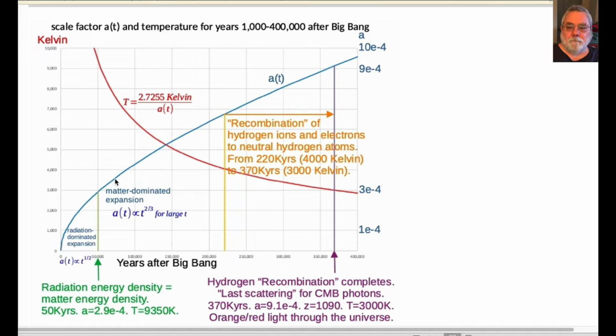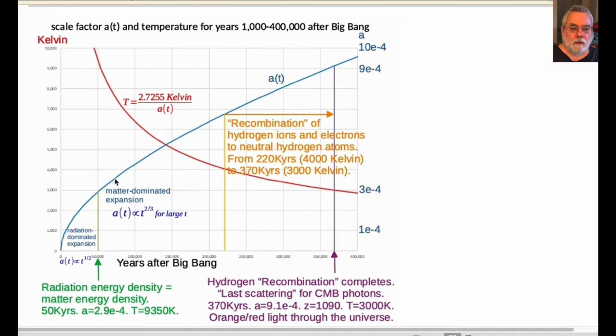After this time, the expansion of the universe is dominated by matter energy density, and the scale factor grows with the 2/3 power of time roughly. Increasing time by a factor of 1,000 increases scale factor by a factor of 100. Expansion and deceleration continue.